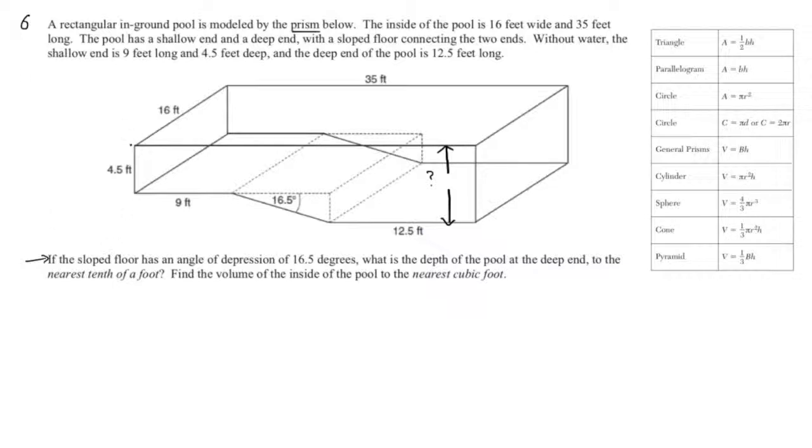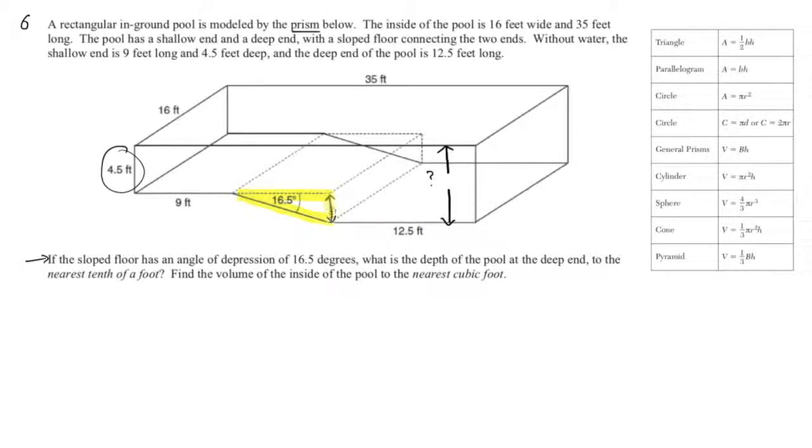And we know it's at least 4.5 because it sort of drops off from the shallow end, which is definitely 4.5, but then there's this part of it, which is unknown, and we need to add to that 4.5 to express the deep end of the pool. We're going to need to use some trigonometry on that triangle there.